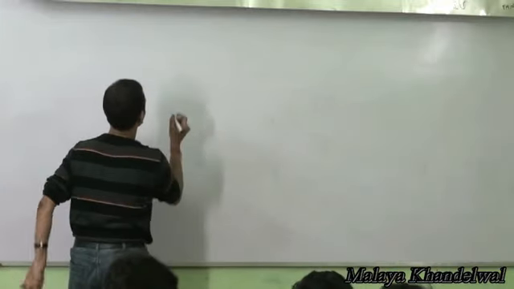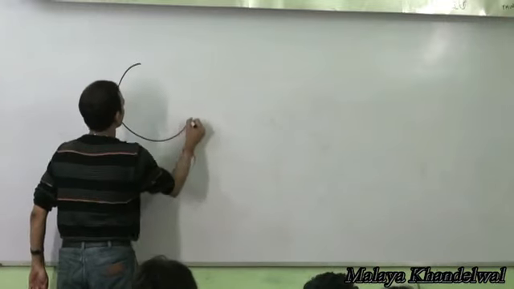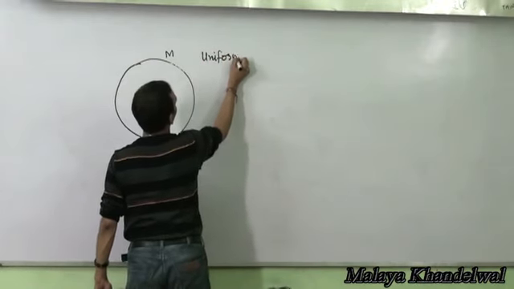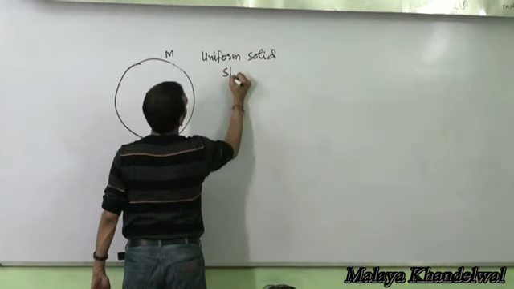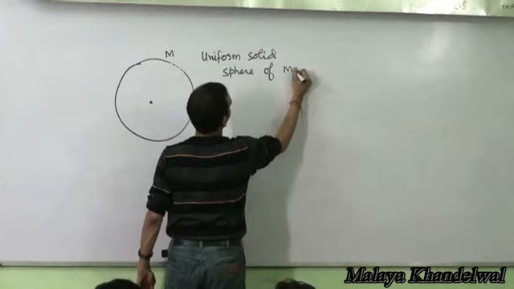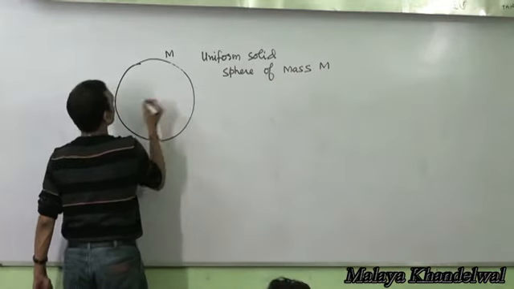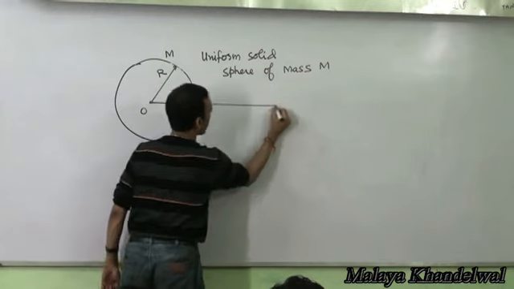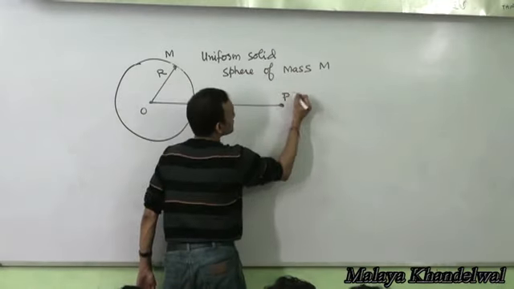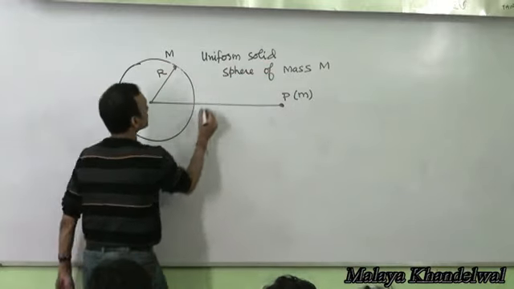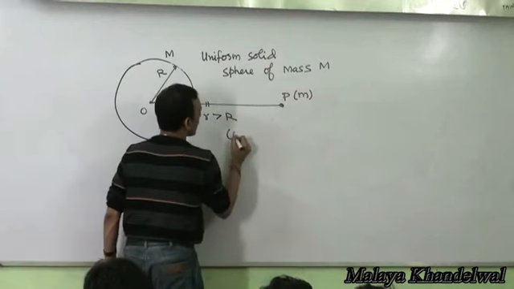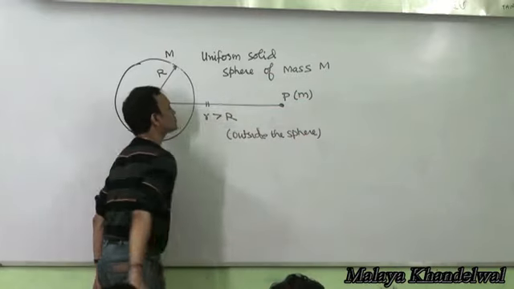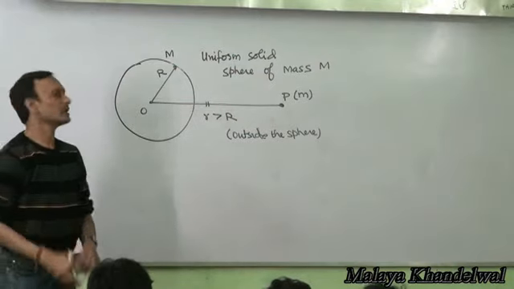One, if there is a uniform solid of mass capital M, let's say radius capital R, and there is a test mass placed at P at a distance small r greater than capital R, that means outside the sphere, there is a test mass m placed.